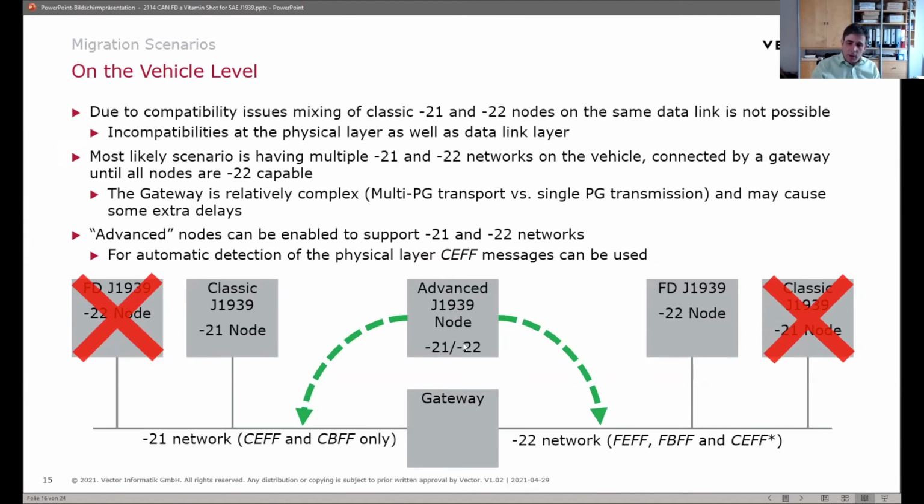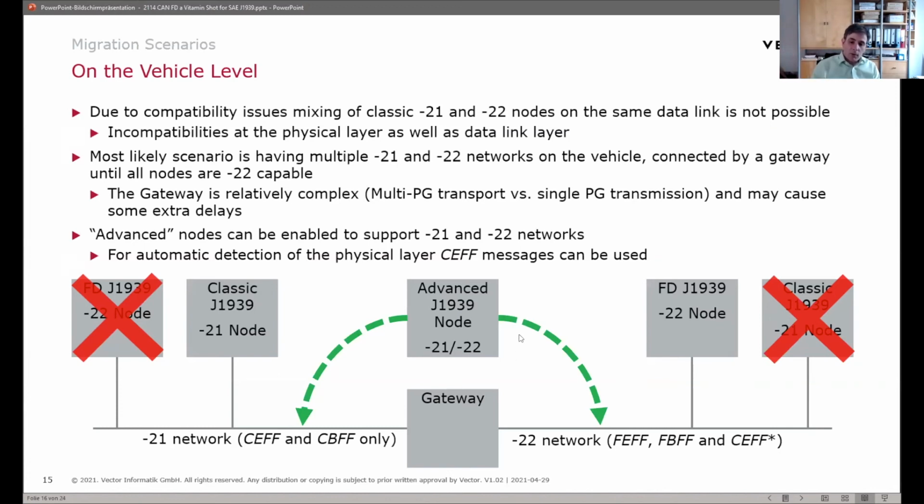But this can be a strategy, since the major aspects of the protocol are, I shouldn't say compatible, but we use the same addressing scheme, we use the same application parameter groups, and I guess the major part of your software is based on top of your parameter group level, on the application level.